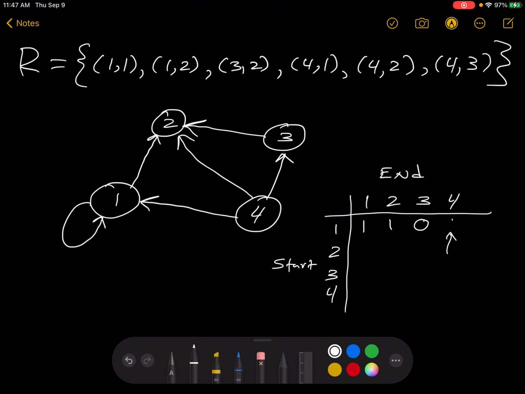No, there's not. Okay, moving on to this row here. Is there an edge that starts at 2 and ends at 1? No. How about starts at 2 and ends at 2? No. How about starts at 2 and ends at 3? No. Starts at 2 and ends at 4? No.